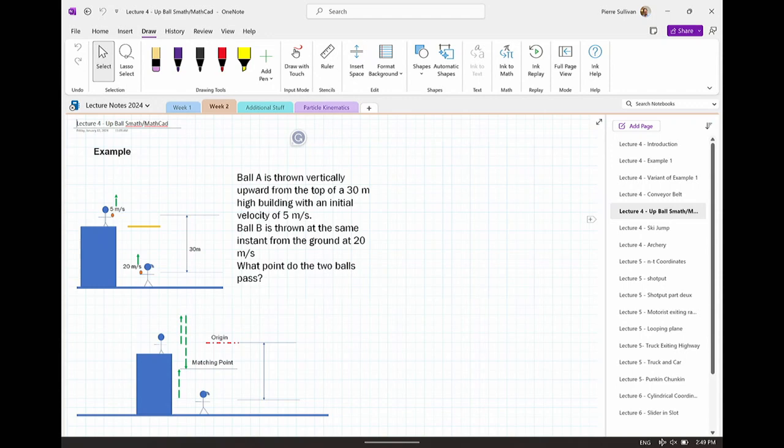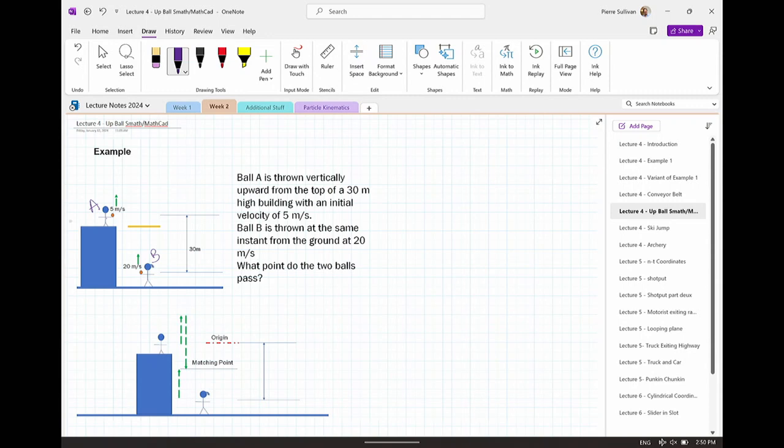I have a ball A, which is thrown upwards from the top of a 30-meter building. So that's A. Ball B is thrown at the same instant at 20 meters per second. So two people are throwing balls vertically up. It's not really a projectile problem, but at what point do the two balls pass?